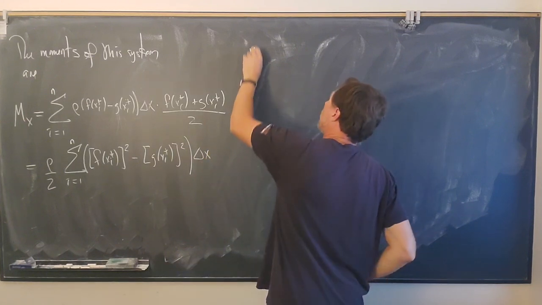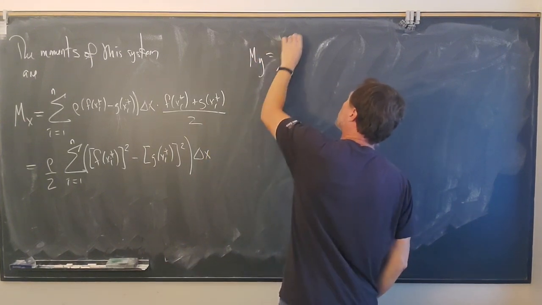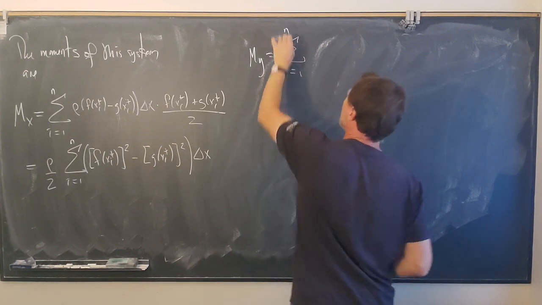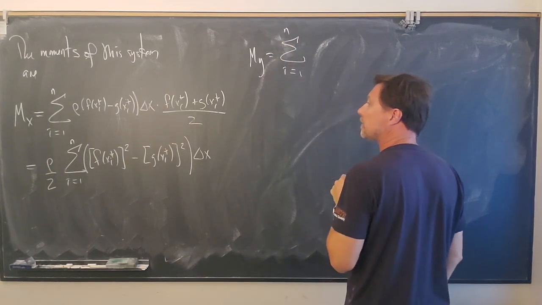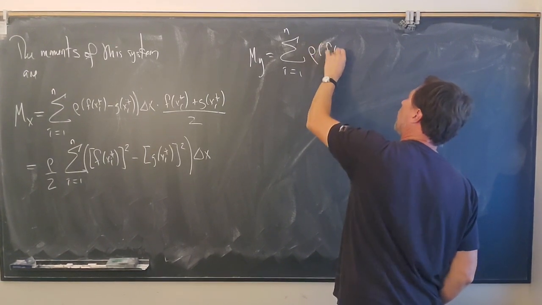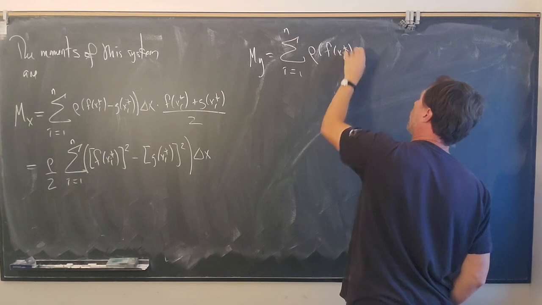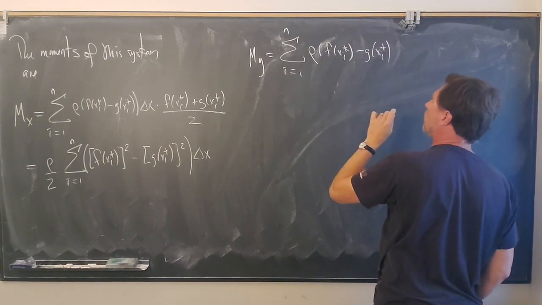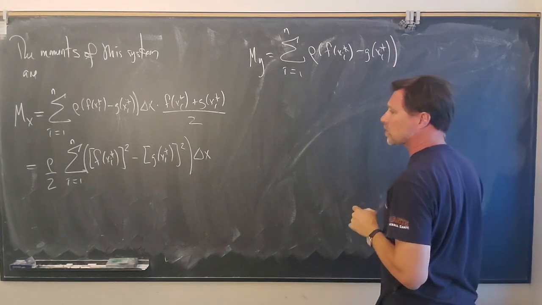So m sub y is going to be the sum from i equals 1 to n of mass times x coordinate.